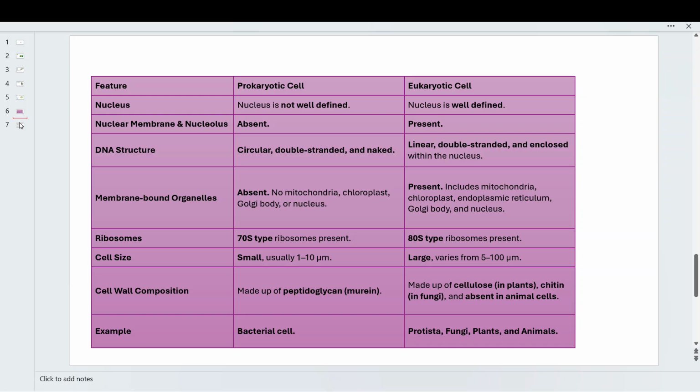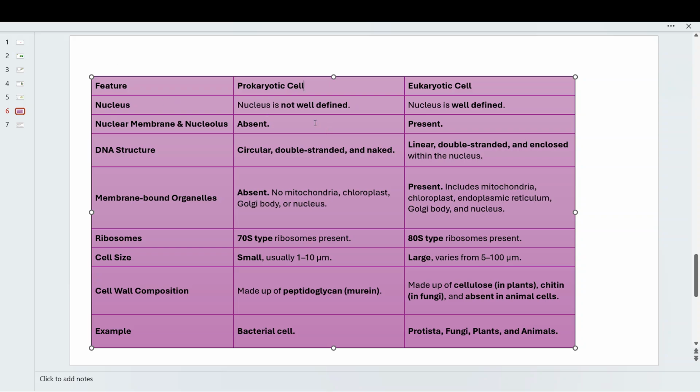In this slide, we can see the difference between prokaryotic and eukaryotic cells. Let's summarize the key differences. In this column we see the features of cells, and here is one column for prokaryotic cell and here is eukaryotic cell. First character is the nucleus.